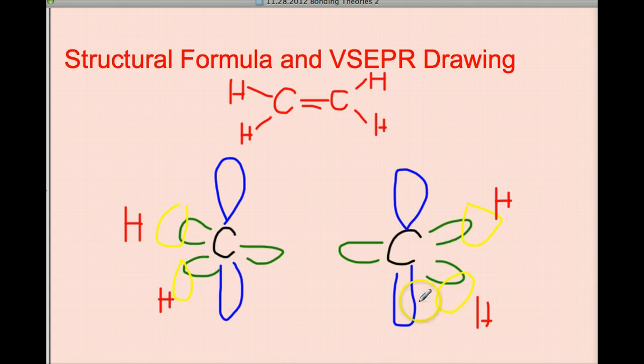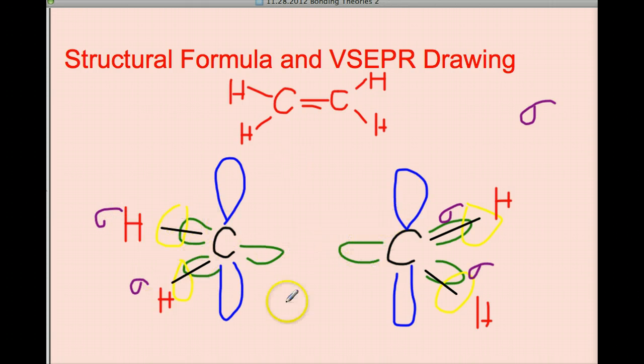If I take a look at the axes, this bonds in the same axes, this bonds in the same axes, this bonds in the same axes, and this bonds in the same axes. And they're all single bonds. So these ones are, let me pick a color I haven't used yet, our sigma bonds, right? So here's a sigma. So right now I have 4 sigma bonds.